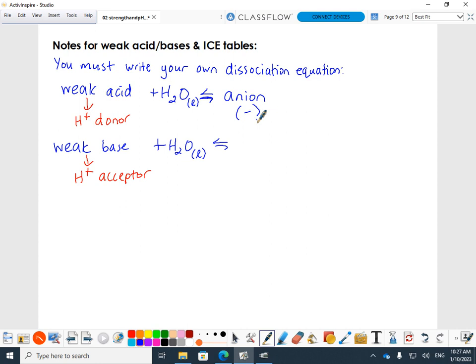But when we do the math, so when we are asked to find pH, or pOH, we need to decide what is the other ion that's going to be produced. So if you have an anion, which is negative, then the other one has to be positive. Okay, so you can write hydronium, or if you don't include the water, you can write H+.